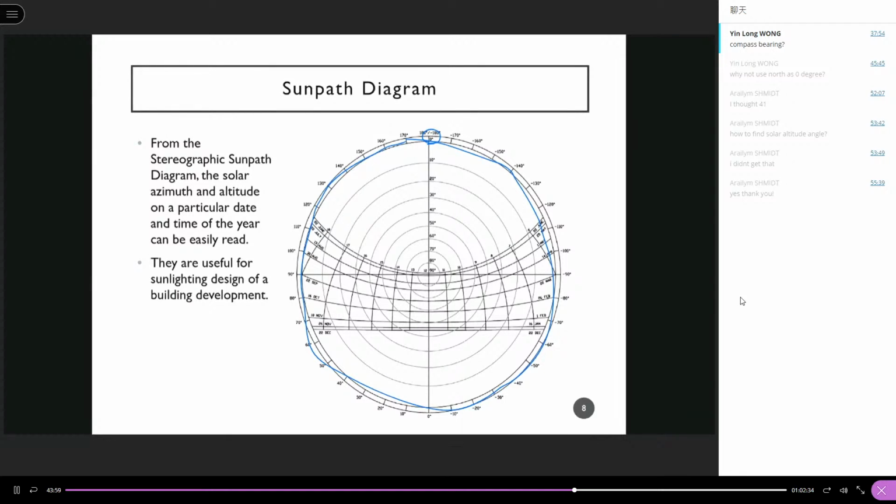Similarly, any point along this circle will have a solar altitude angle of 10, and all the way to this circle where the altitude angle is 80. The center point, only one point, will have the altitude angle of 90, and this is the zenith of the sky hemisphere. So we have these angles for solar altitude. All right, how about the azimuth?